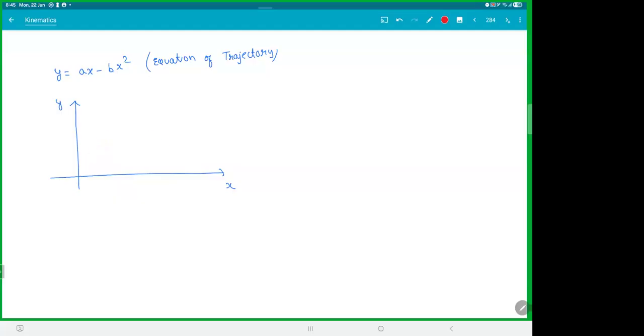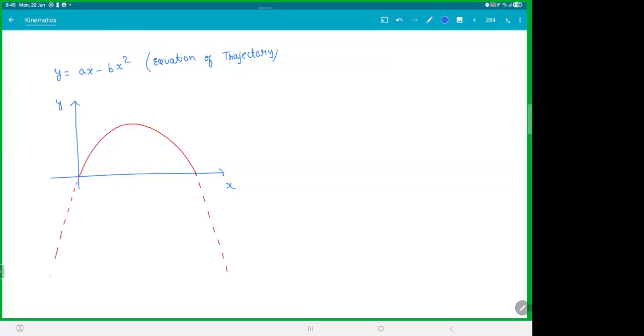So this is how the graph would look, meaning if you extend this, this is the whole graph. It's an inverted parabola. So if you look at your displacement equation, S is equal to ut minus half gt square, right, or plus half at square, it would look something of that sort.